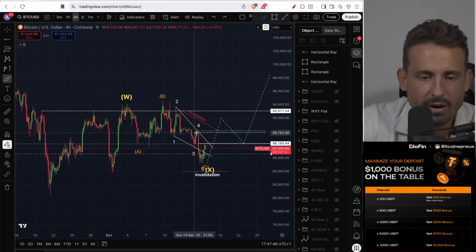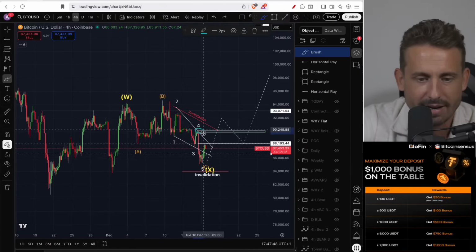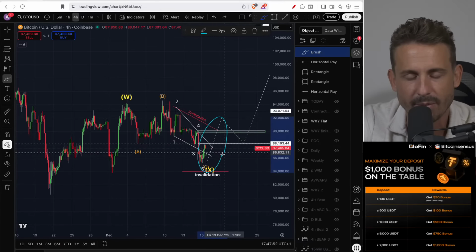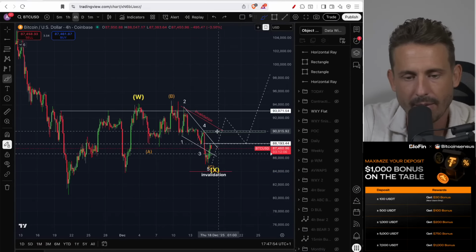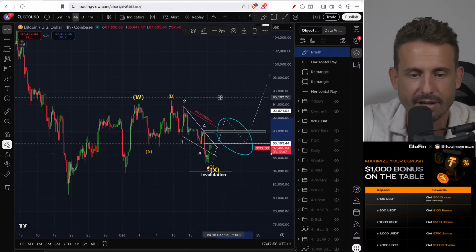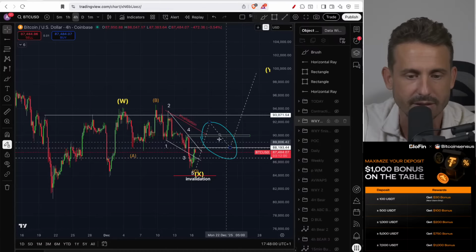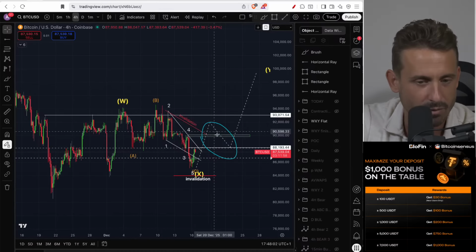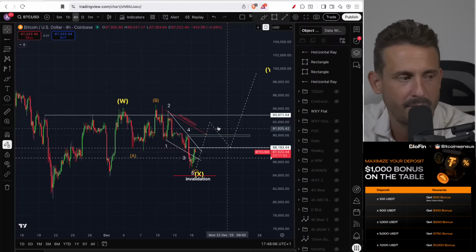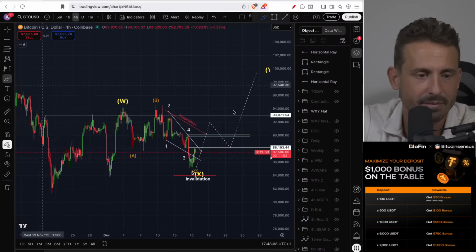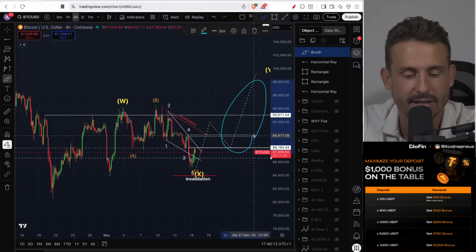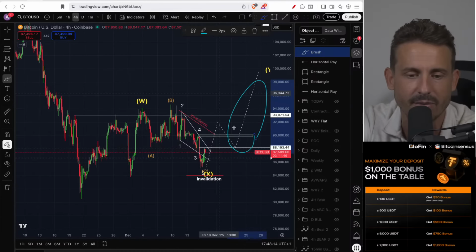But if we were to get above 90k and we can detect that impulsive move in the next coming days, I would be very, very happy to long this correction that could take a couple of days. We'll be paying close attention because then you get the big move out of nowhere, the third wave, right? The C wave, in this case, we would be looking at it as the C wave.